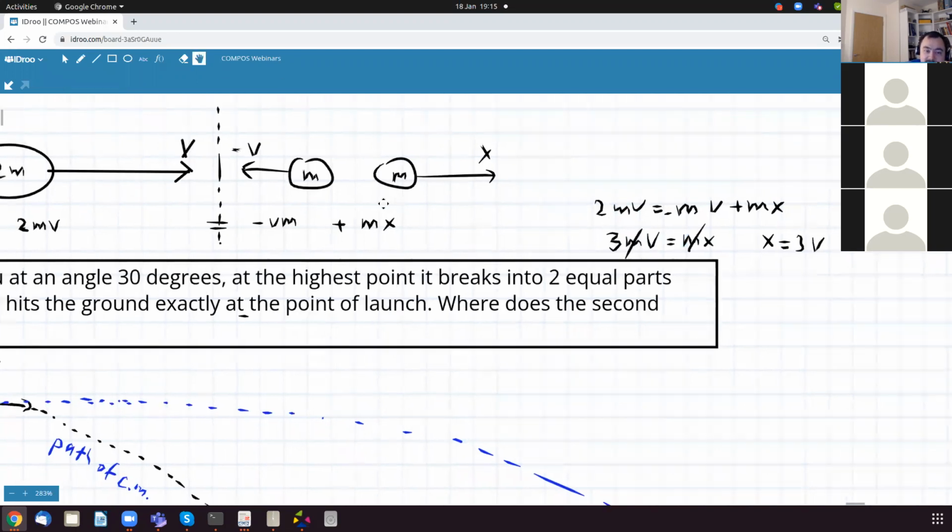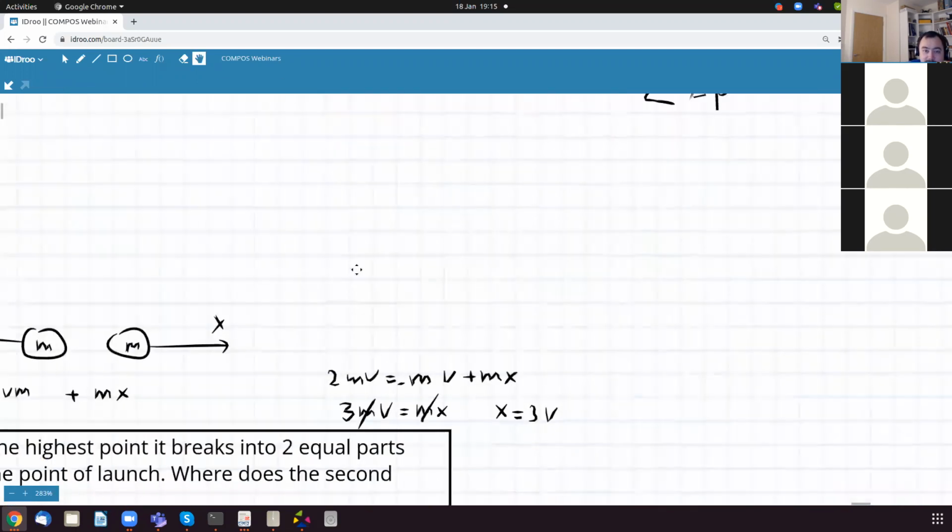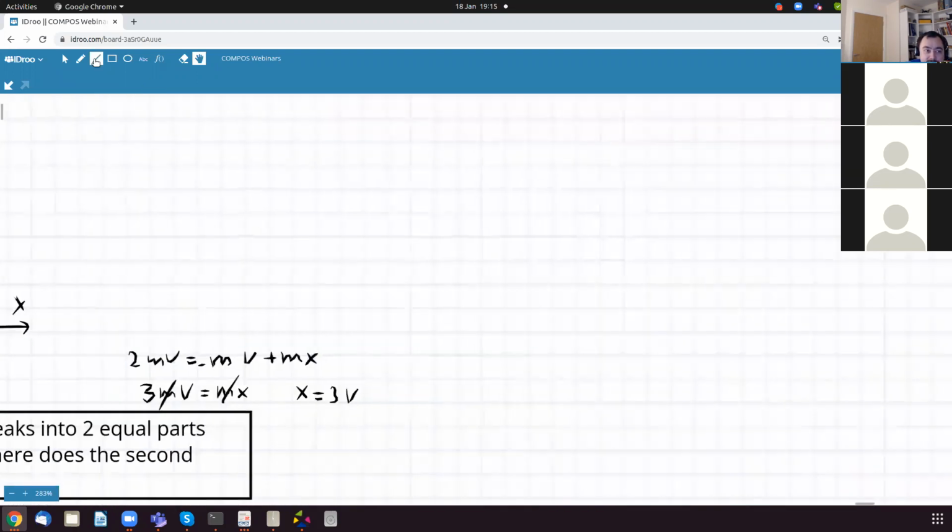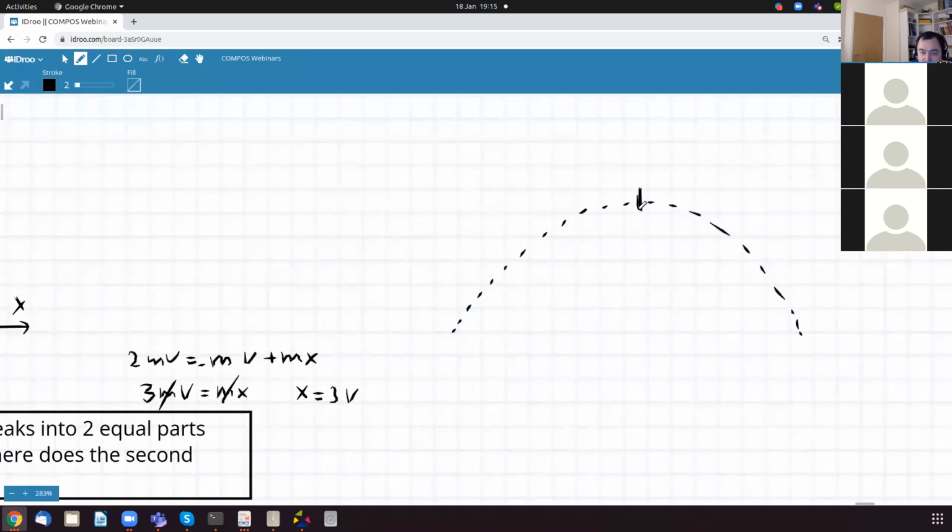So what happens is you have a point in space which is some distance above the ground, and you have two projectiles. One is launched horizontally to the left with the speed v, and one is launched horizontally to the right with the velocity of 3v.